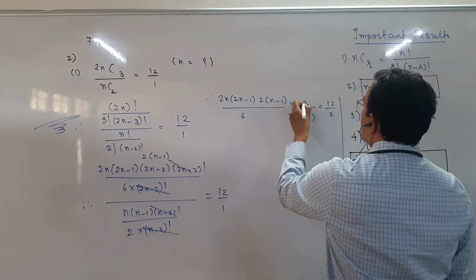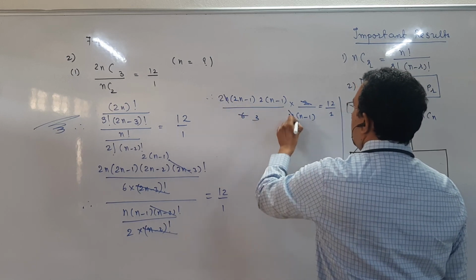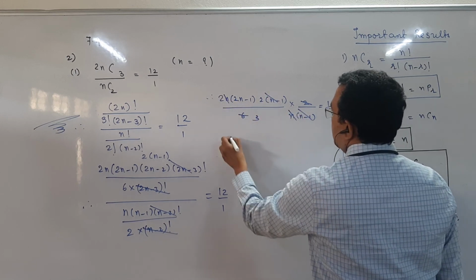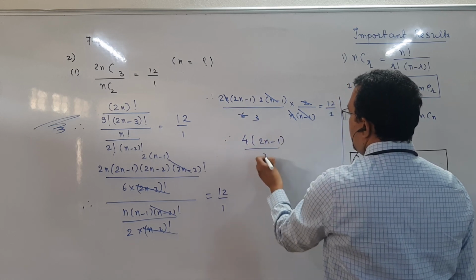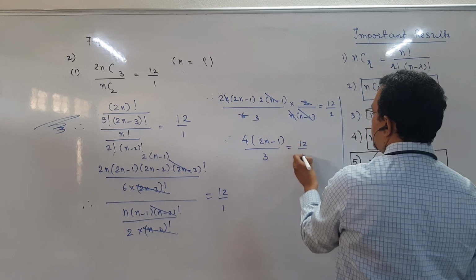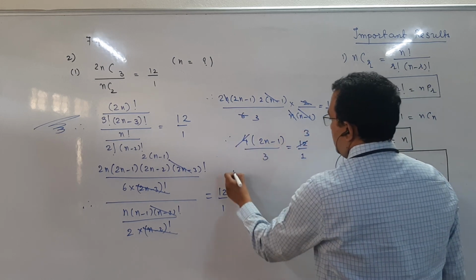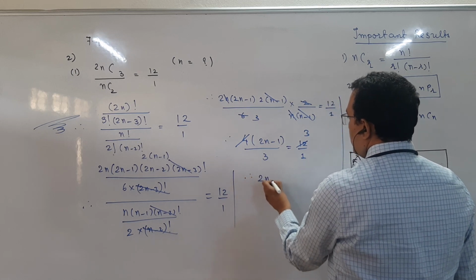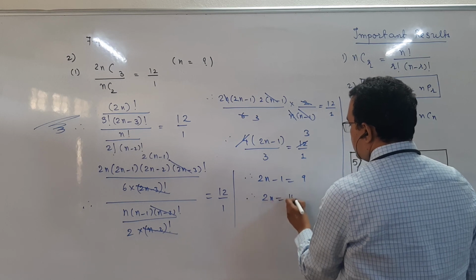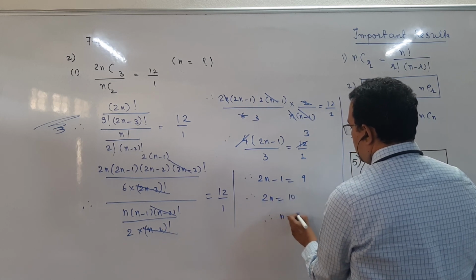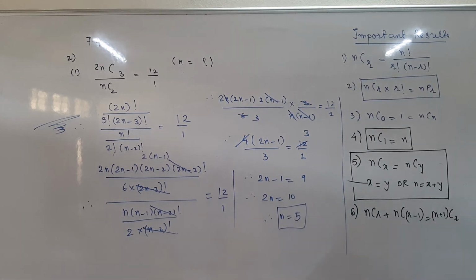So 2 ones are 2, 3s are n and n cancel, n minus 1, n minus 1 cancel. So what remains? 4 into 2n minus 1 divided by 3 is equal to 12 is to 1. So 4 ones are 4, 3s are. Therefore 2n minus 1 is equal to 9. So 2n is equal to 10. So n is equal to 5. This is our answer.